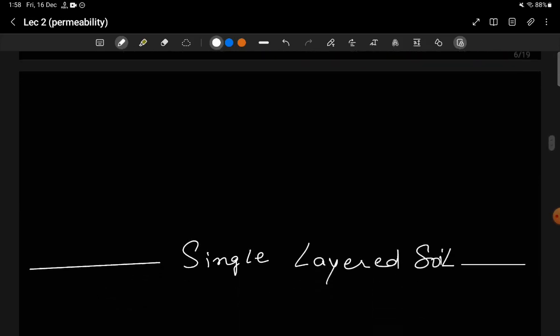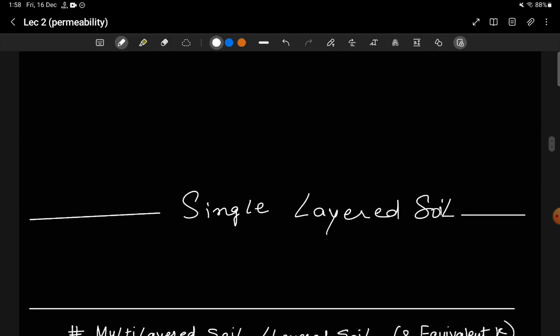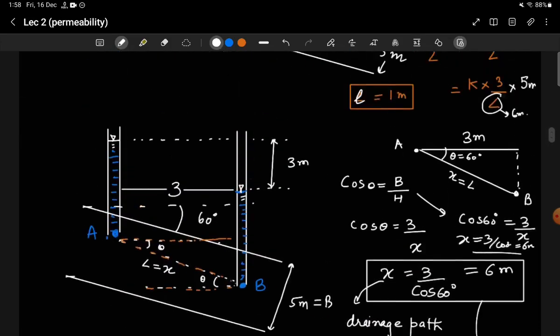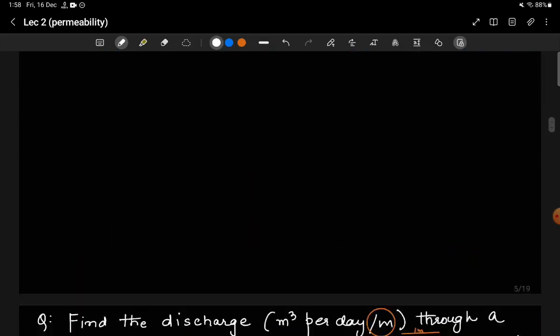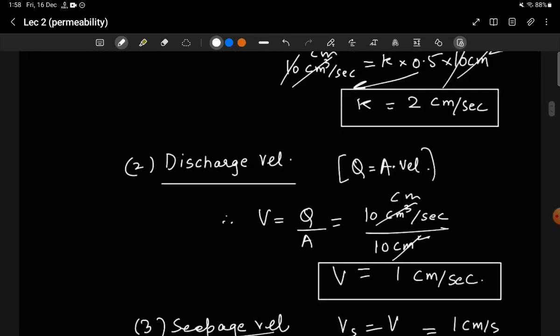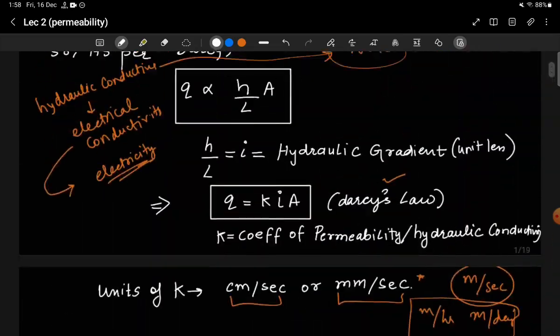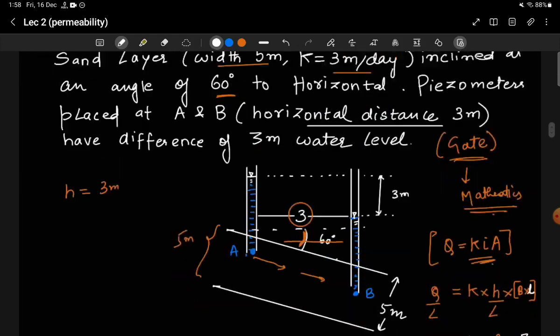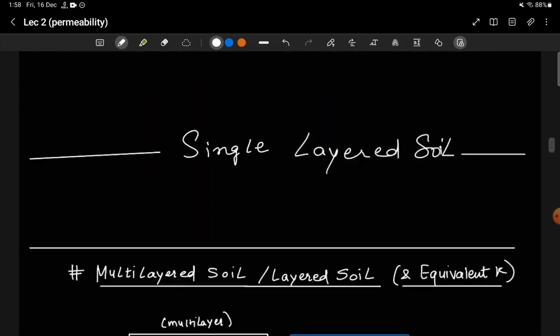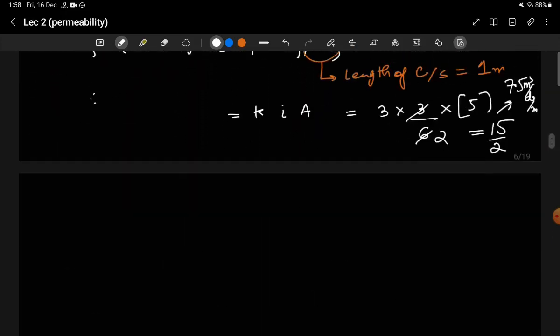Now let's see, अभी तक जितने भी हमने केसेस पढ़े हैं, be it this question or other question, or in fact the Darcy law that we studied, all of this was just for a single layered soil. That means if it was sand, it was sand, it was silt, it was silt, if it was clay, it was clay. So what will happen if we have multi-layered soil?